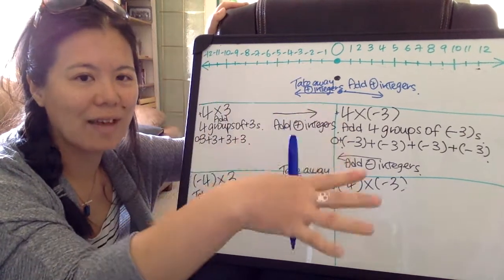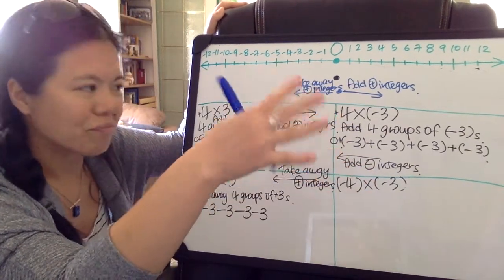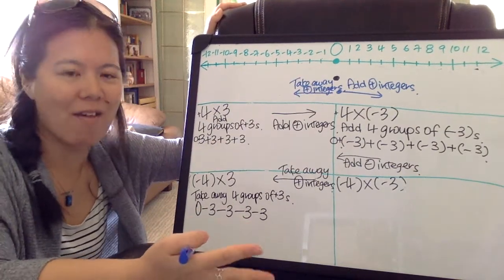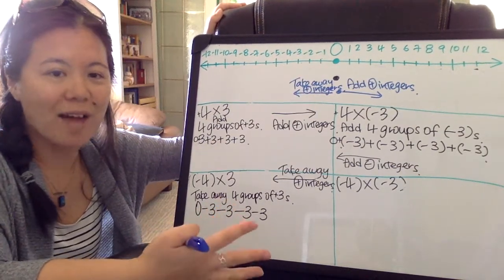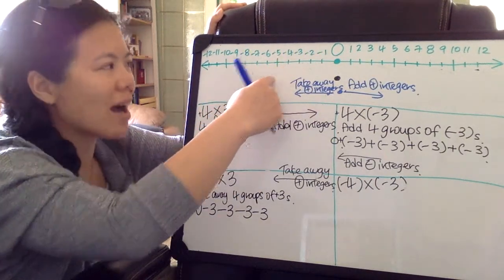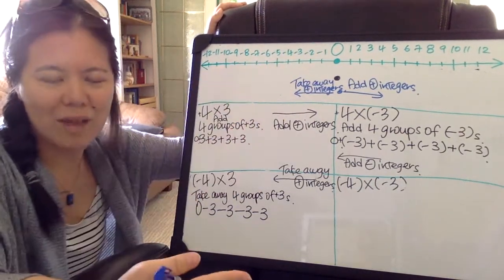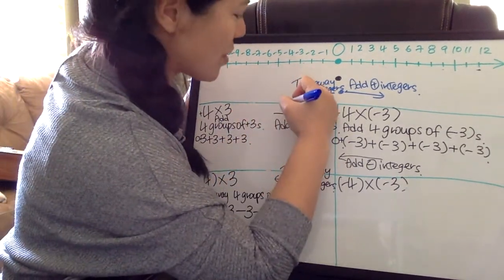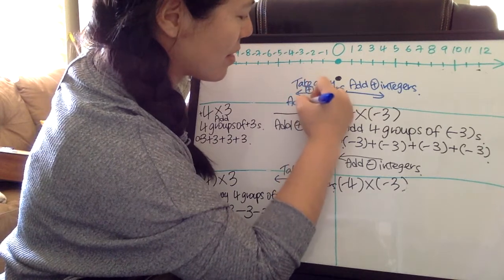When you're adding negative integers, like the temperature dropped down overnight by 5 degrees twice. So you go -5 and -5 again. You end up at -10 degrees. So when you're adding negative integers, you go this way.